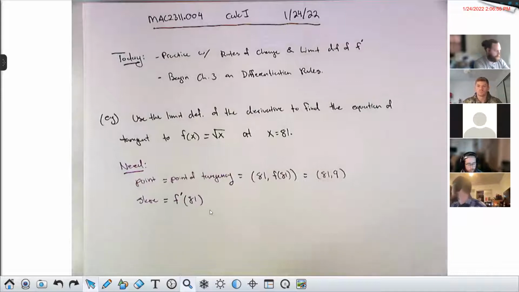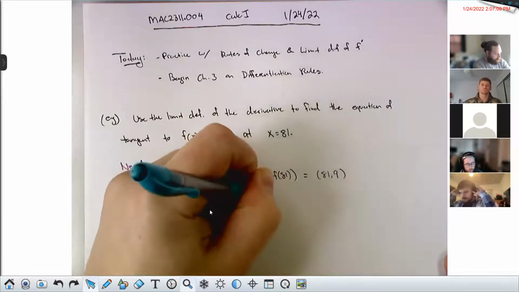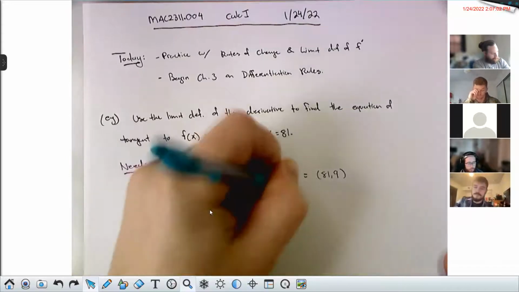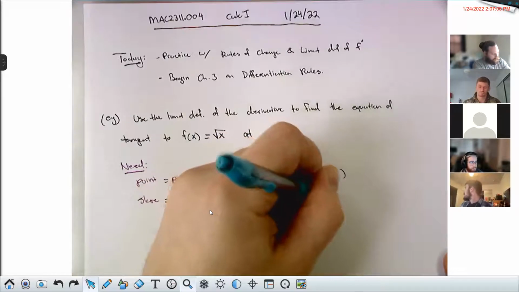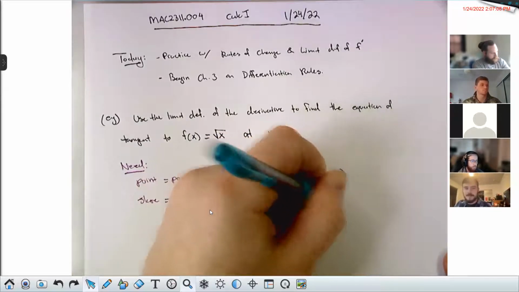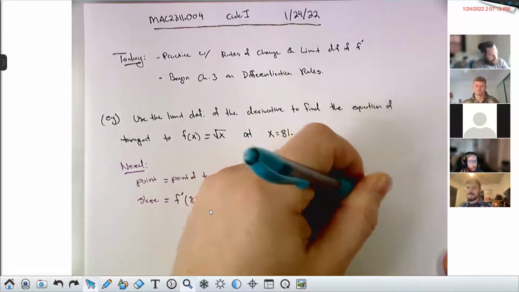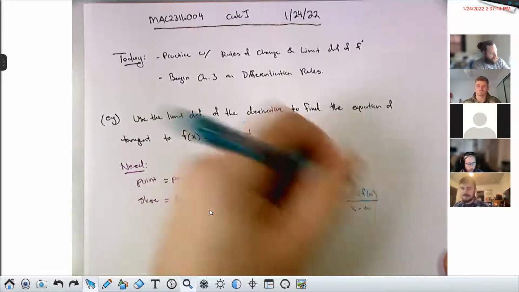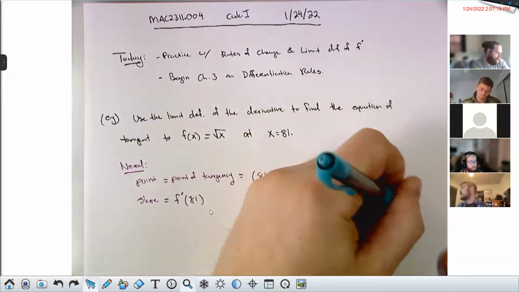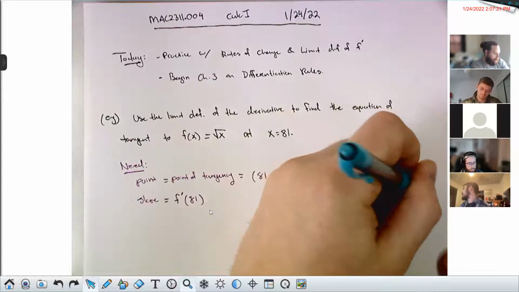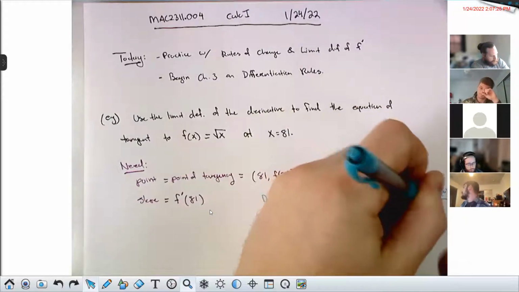So the blue here, you would not need to write as a part of your solution, but the definitions: f prime of a is the limit as x goes to a of f of x minus f of a over x minus a, or the limit as h goes to 0 of f of a plus h minus f of a, all over h.